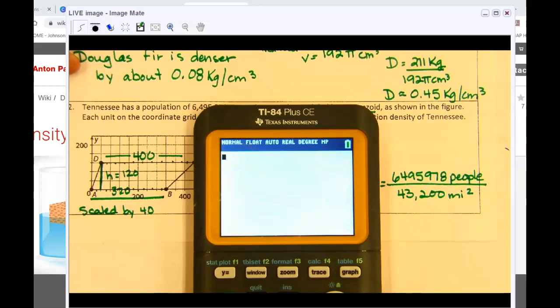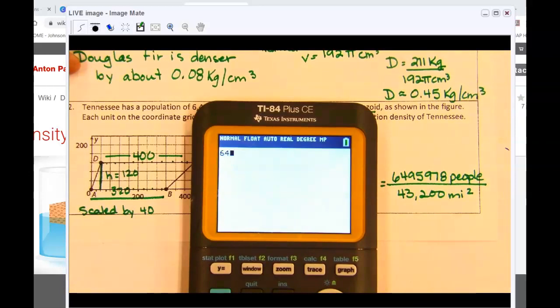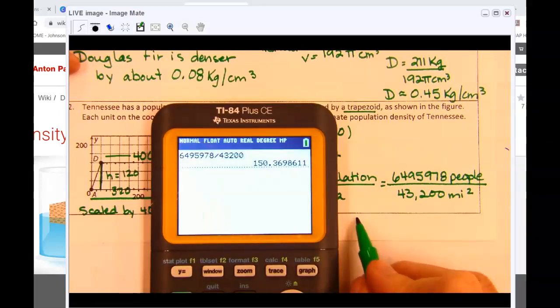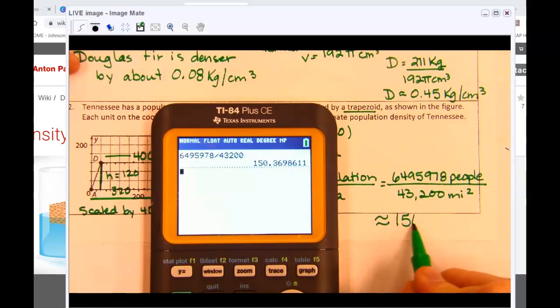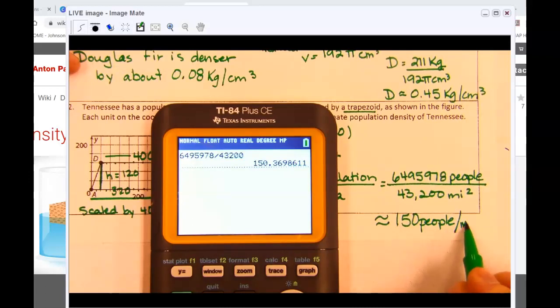We are going to do this on the calculator. So we will type this in, divide that by 43,200. Since we're talking about people, we will say that the population density is about 150 people per square mile.